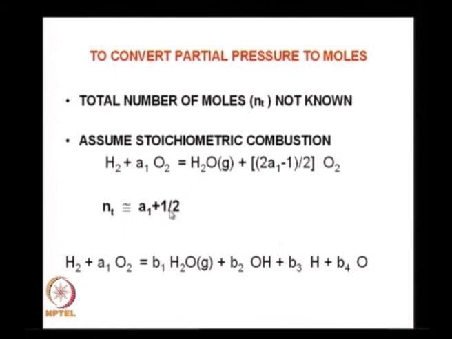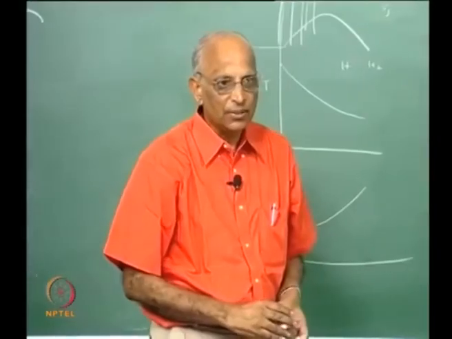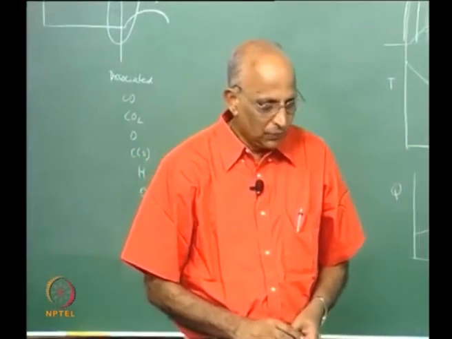And then I convert this into partial pressures of the products, so that I should be able to get B1, B2, B3 and B4. Maybe I will continue this in the next class. I will just get started at this point in time. We will see how to get the number of moles B1, B2, B3, B4, and this will be an iterative process because we are assuming something and we have to correct for it. This is what I will continue with in the next class. Well, thank you then.